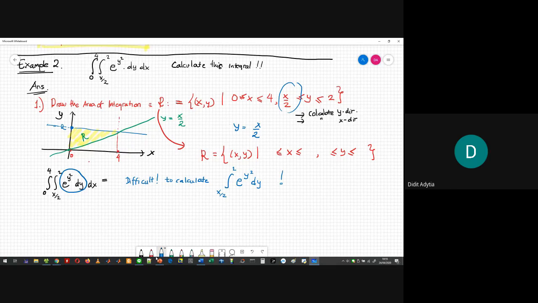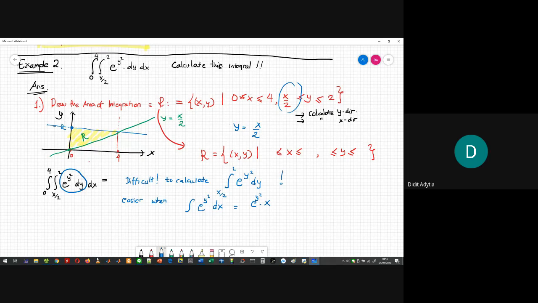Yang mudah, easier, kalau kita mengintegrasikannya e to the power of y square, ini kalau di x. Mudah kan? Kenapa mudah? Karena ini kita anggap konstan. Jadinya apa? E to the power of y square times x. That's it. Oke. Jelas nggak?